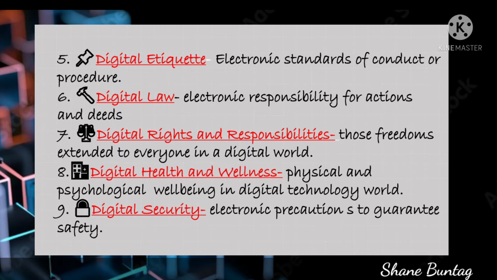The sixth element is digital law, electronic responsibility for actions and deeds. Digital law deals with the ethics of technology within a society. Unethical use manifests itself in a form of theft or a crime. Ethical use manifests itself in a form of abiding by the laws of society.